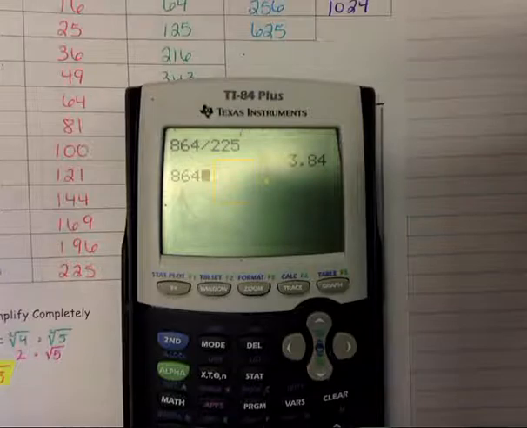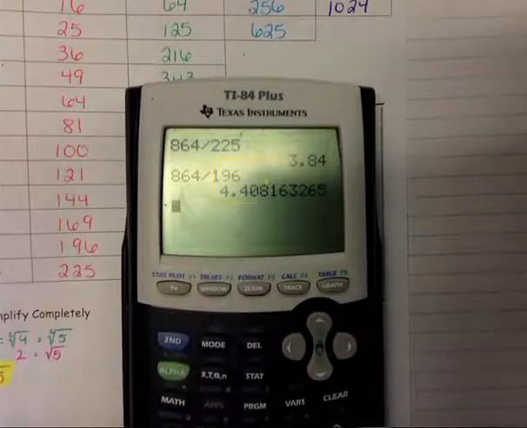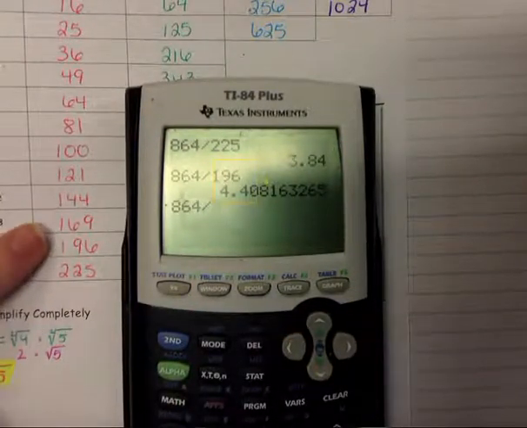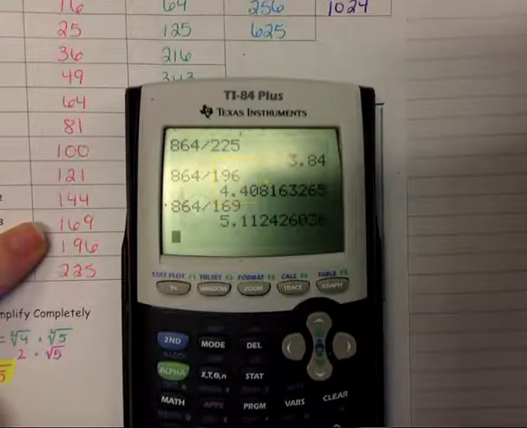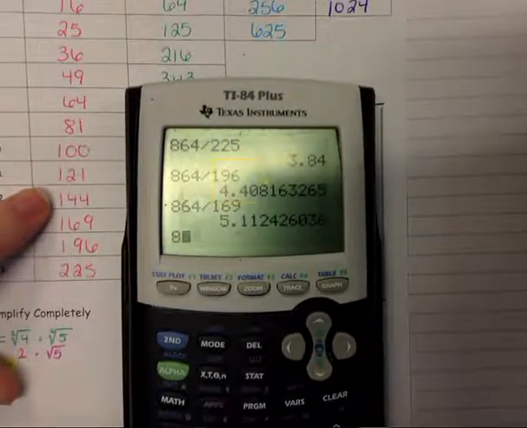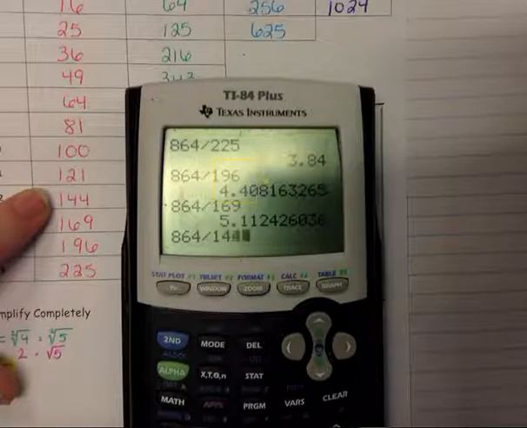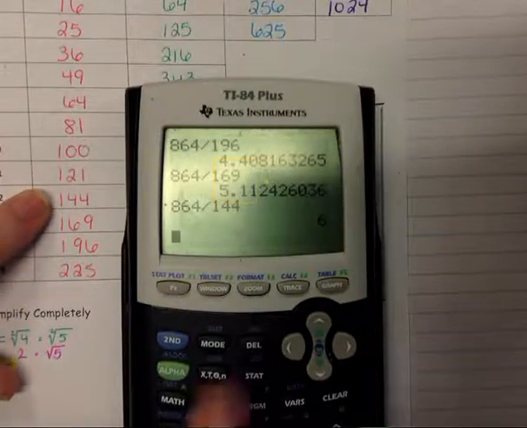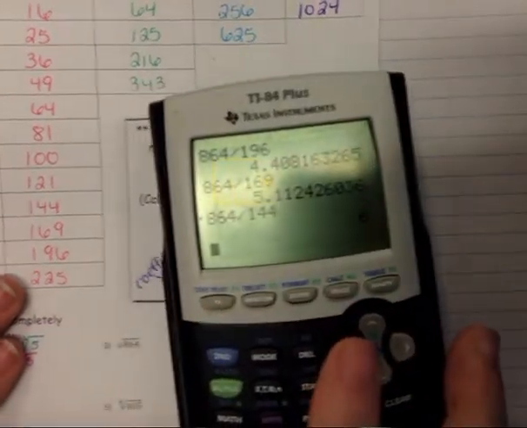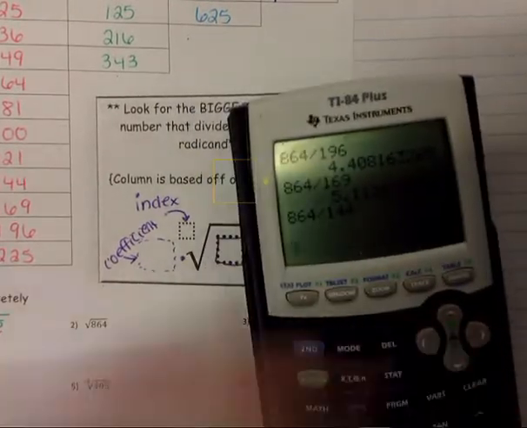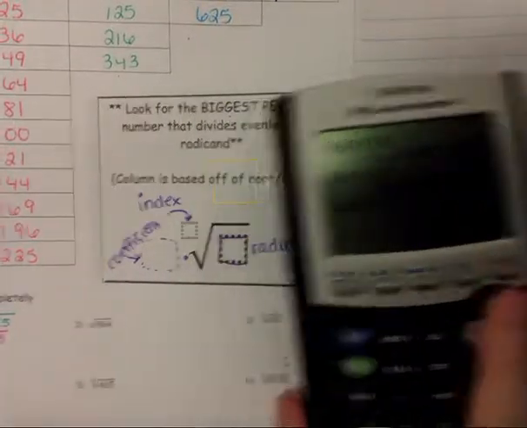So we have 864 divided by 196. Also a decimal. 864 divided by 169. Also a decimal. 864 divided by 144. That is a whole number. So now we can rewrite this as two radicals multiplied to each other.